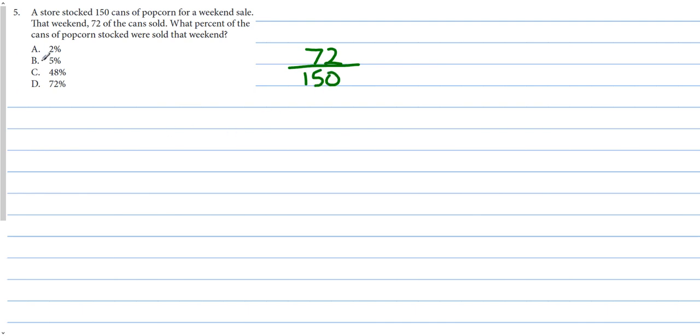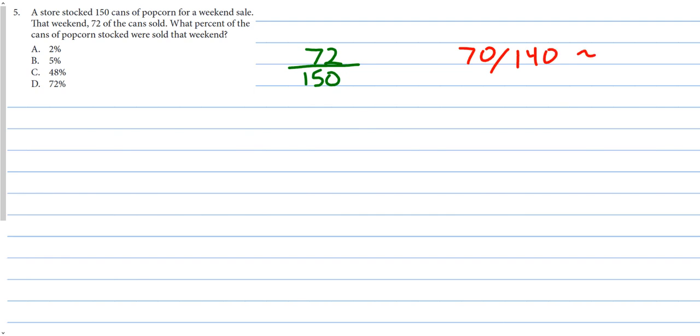Now this is probably a good candidate for getting rid of some of the answers and maybe using some approximation. 72 out of 150, well, that's approximately half, right? 70, if we were to approximate, would be half of 140, right?